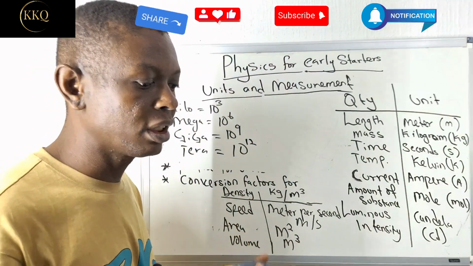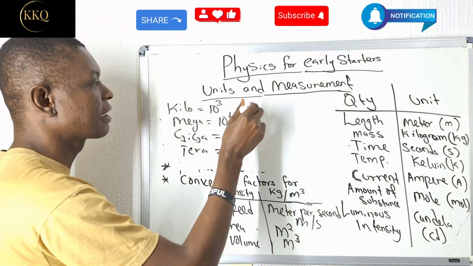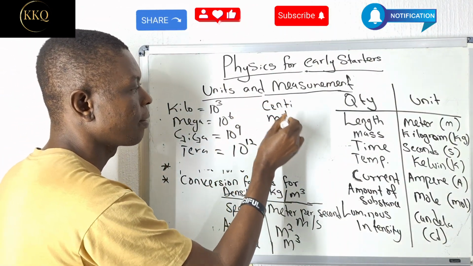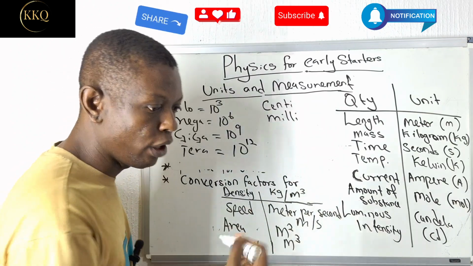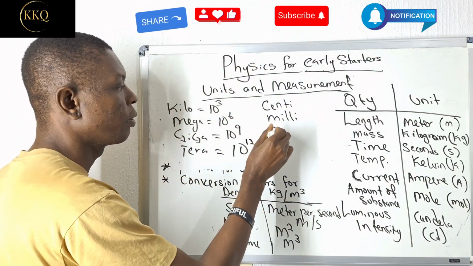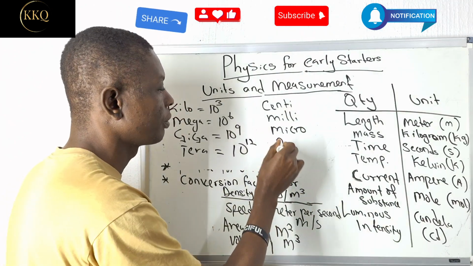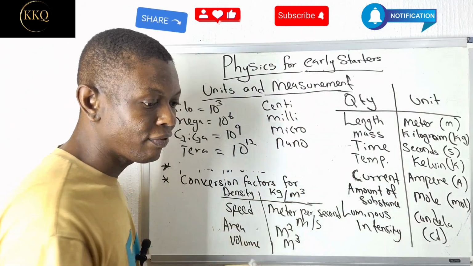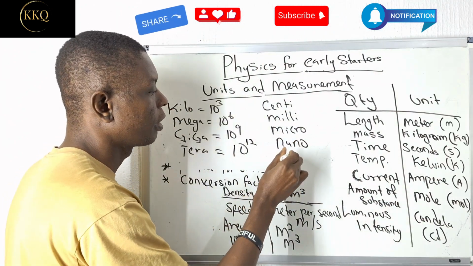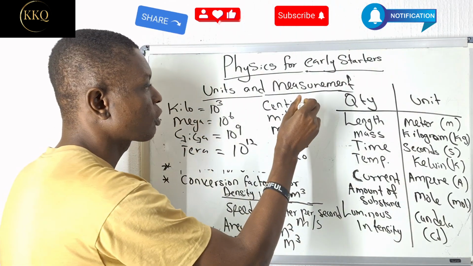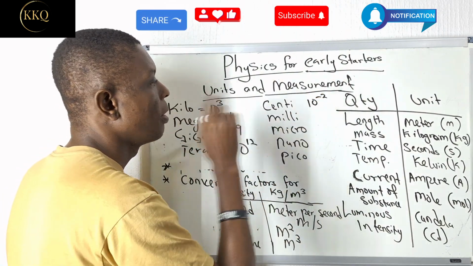So we also have those of smaller quantities. Those of smaller quantities are like centi, milli, micro, nano, and pico. Now, centi is 10 raised to power minus 2.